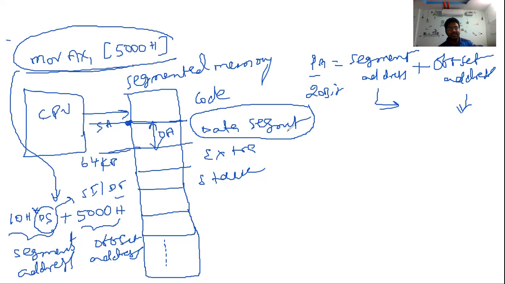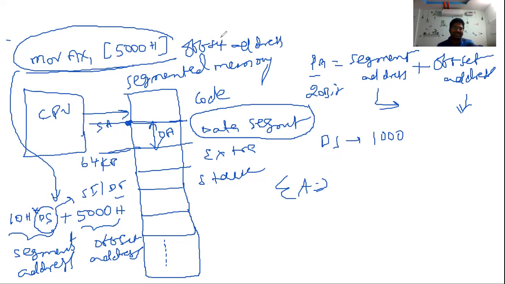For simplicity, we are assuming the DS value as 1000. Then the effective address is calculated by adding segment address plus offset address. Whenever an instruction represents an address, that is always the offset address, not the segment address.